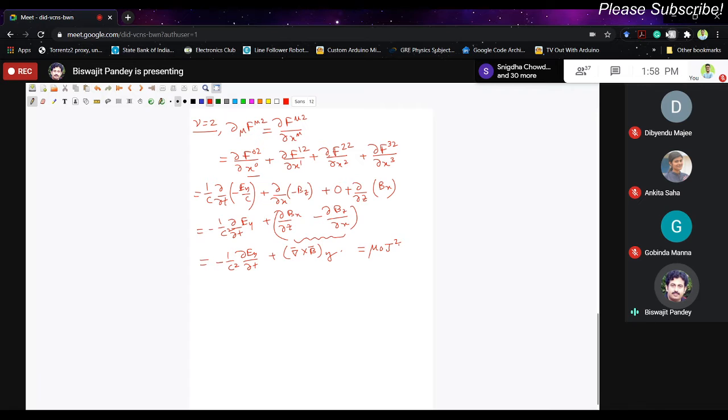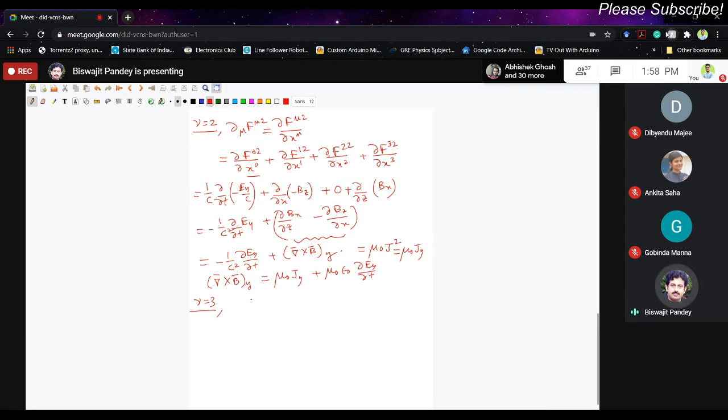It's not the second component, it's the third component actually, because we are using 0, 1, 2. So J2 means y component. So mu 0 times Jy. In the same fashion, 1 over c square equals mu naught epsilon naught. So I can finally write down curl of B y component is equal to mu 0 times y component of current density plus mu naught epsilon naught del Ey del t.